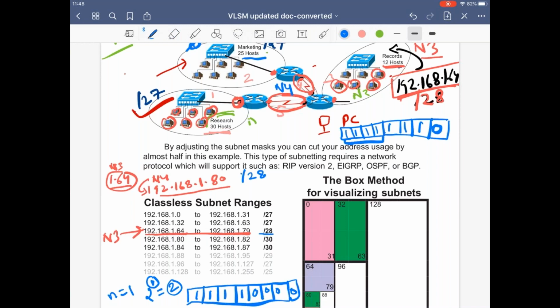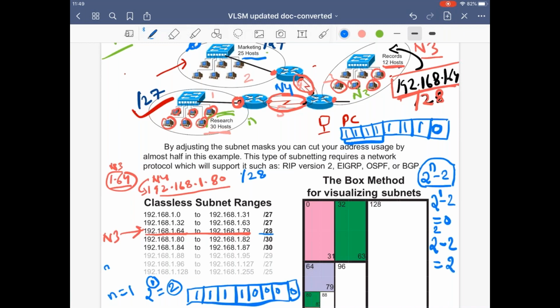To find the valid hosts, the formula is 2 to the power n minus 2. If we put n equals 1, then it will be 0. If we put n equals 2, then we get 2 hosts.